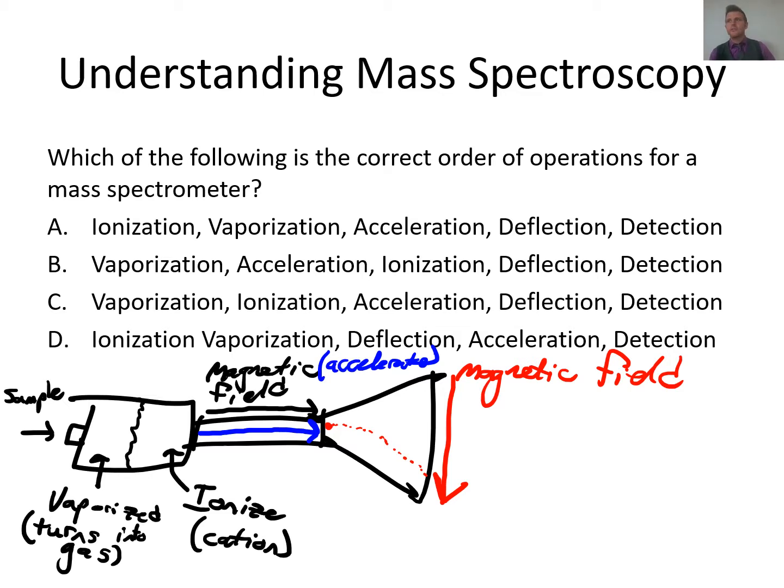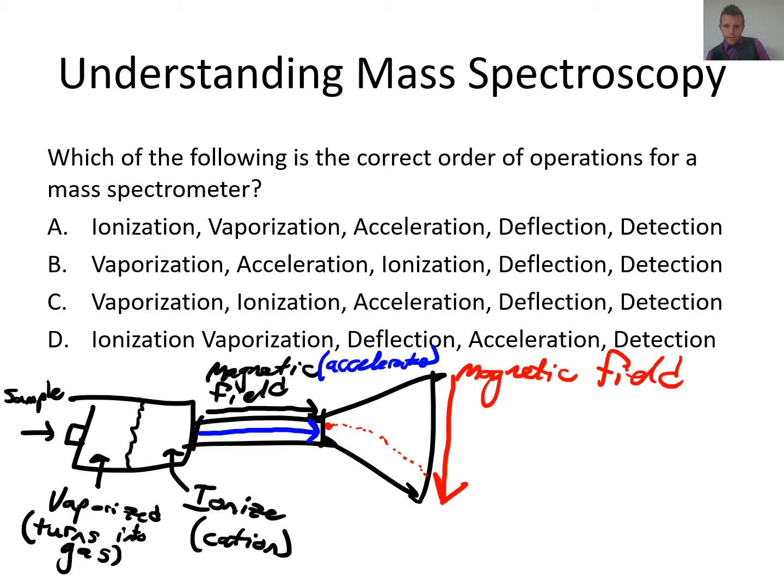If it's a light particle, it's going to deflect a lot. Think about it as if I'm pushing a child on a swing. If the child is light, I can push him or her very far. But if the child is bigger and heavier, imagine I'm pushing a year 13 kid on a swing, I'm not going to be able to push him as high immediately.